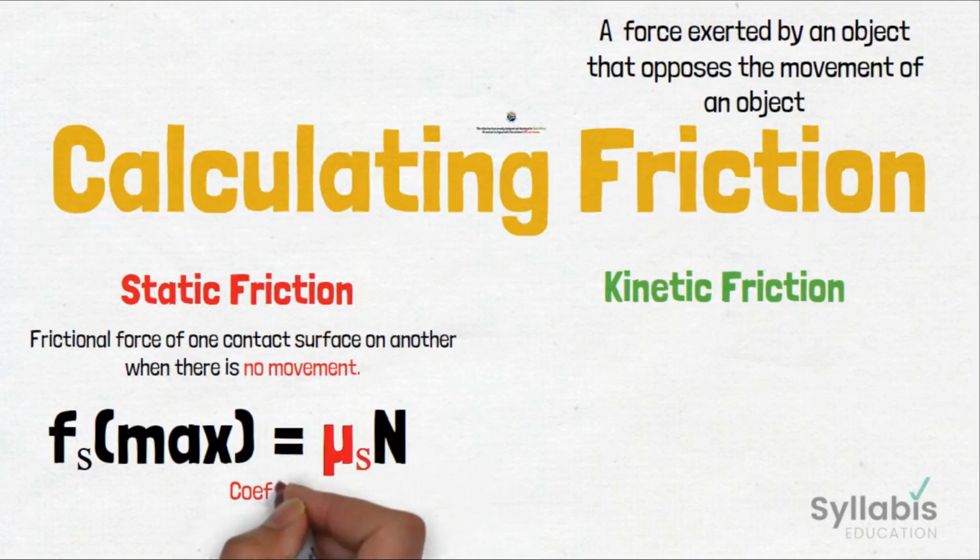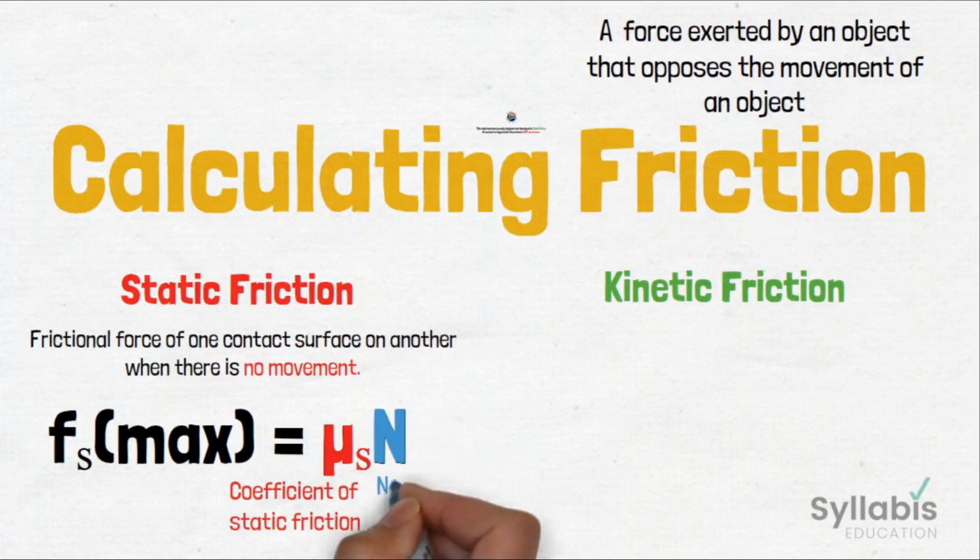This symbol is the coefficient of static friction, and the N is the normal force acting on the object. So the maximum static friction is equal to the coefficient of static friction, multiplied by the normal force.